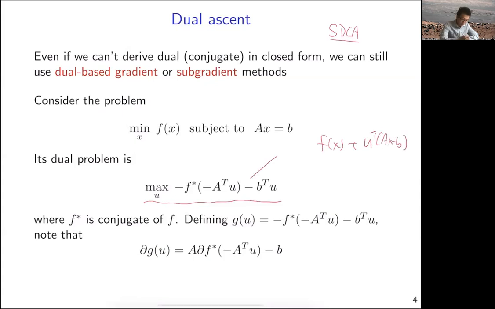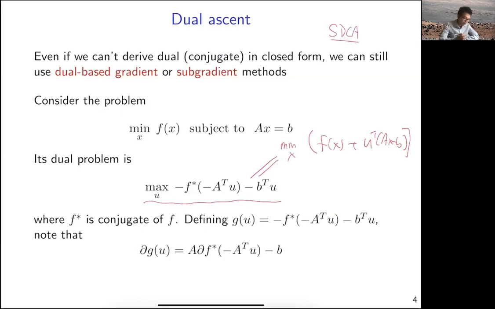This is equal to the minimum over x of this Lagrangian. Since this is an equality constraint, we don't get additional constraints on this dual parameter u.